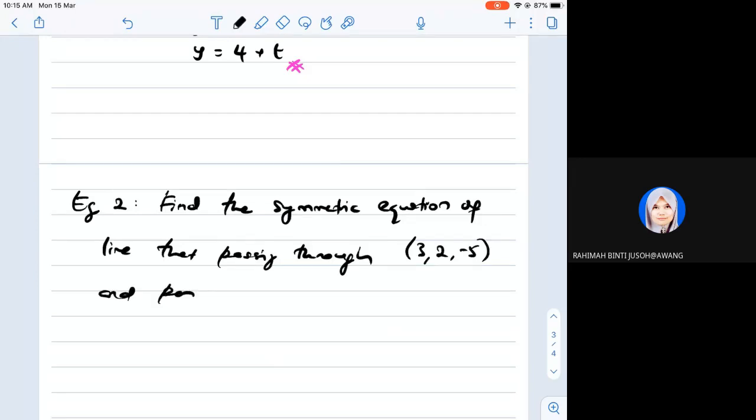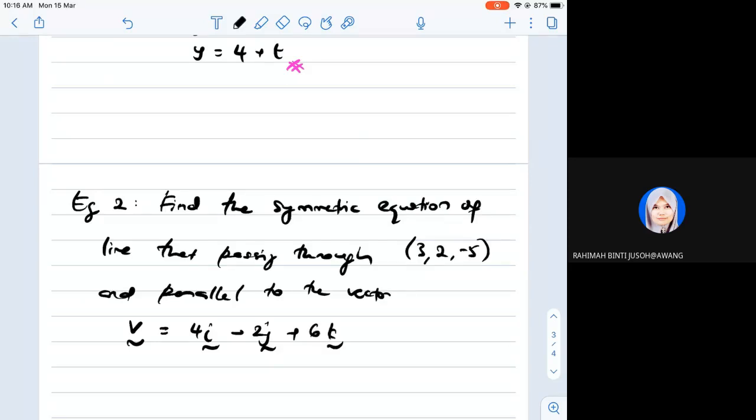And parallel to the vector, let's say V equals 4i minus 2j plus, let's say, 6k.